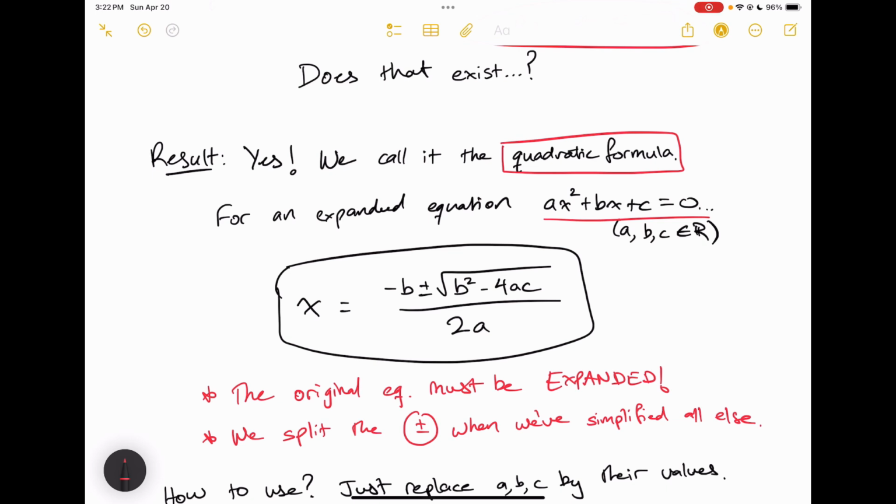And this actually gives us two values, thanks to this plus or minus. It's negative b plus or minus the square root of b squared minus 4ac, all of that square root, all divided by 2a. This is a complicated formula now, isn't it?